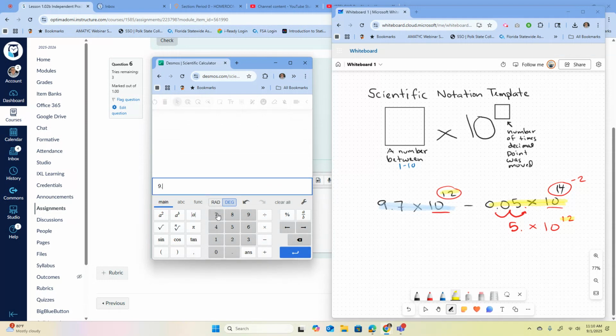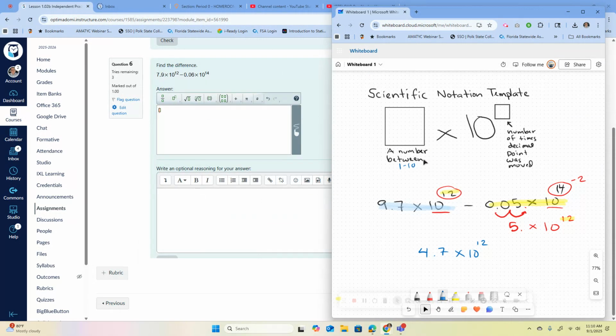So the 9.7 from the blue, and I'm going to subtract the 5 from the one I wrote in red. You can see I got 4.7. So my final answer here is going to be 4.7 times 10 to the power of 12, because that was the exponent in common. And that's how you do problem number 6.